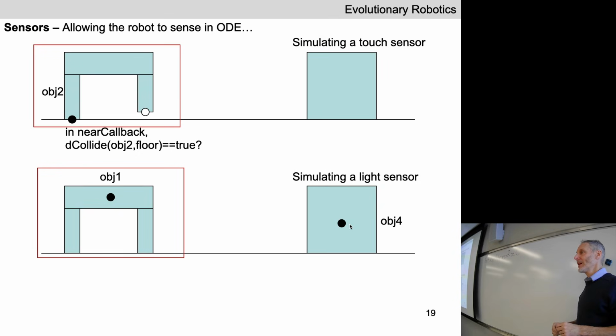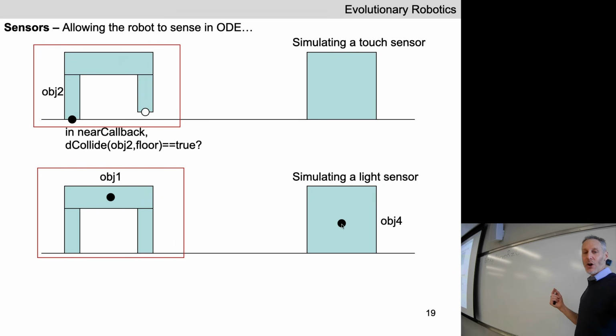You can draw a line between the light sensor and the object and see if the line is blocked, and the distance the line takes up. Absolutely, right? So we can draw a line from object 4 to object 1, and a line from object 4 to object 3, and a line from object 4 to object 2, and see whether that line is quote-unquote hit by something. How do we know how to draw this line? We ask the physics engine.